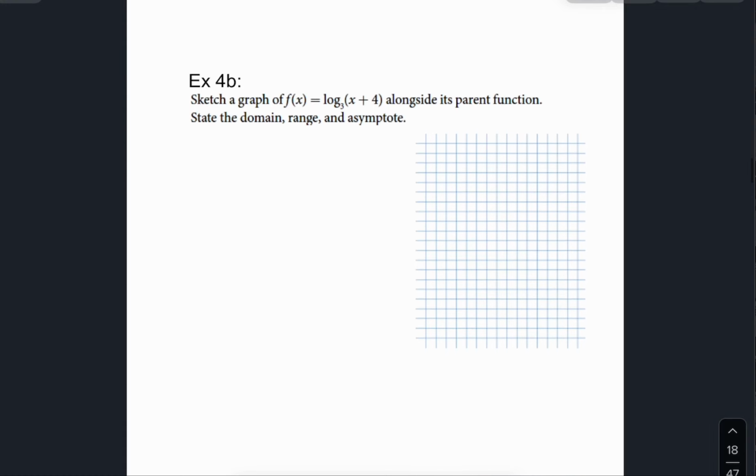So just make yourself a note that this one has moved to the left 4. And let's make a general, real quick graph, because we have quite a few others to do.